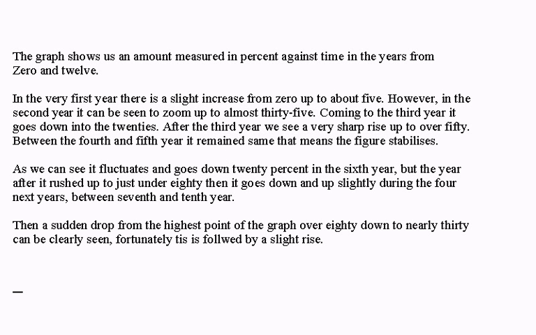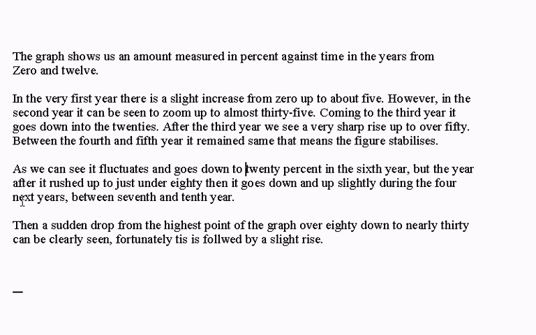I think it goes down to 20% in the sixth year. I'm not sure. If it goes down 20%, it drops from 60 to 40. Sorry, if it goes down to 20%, it drops from 60 to 20.